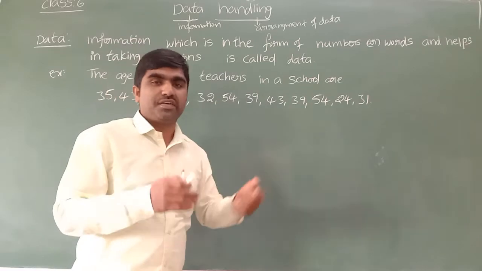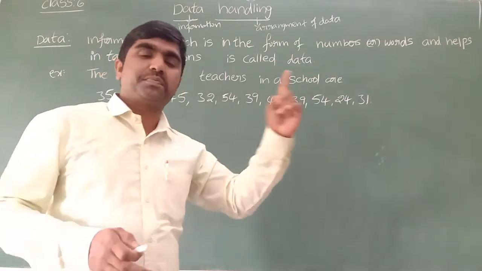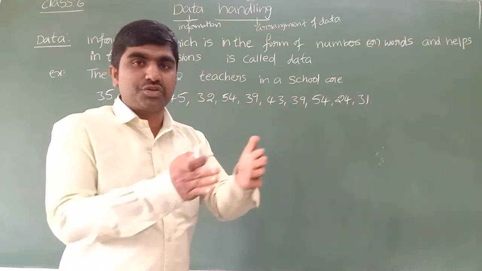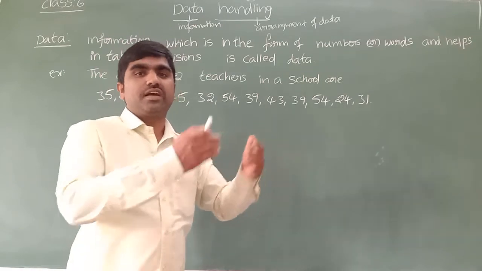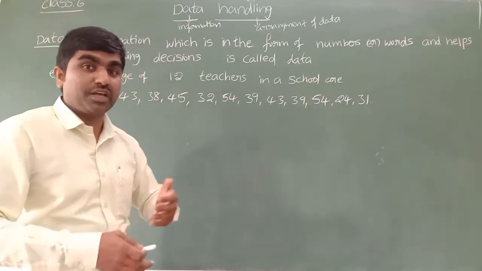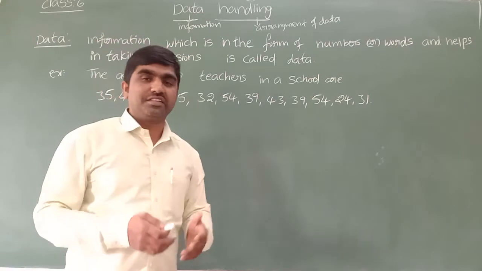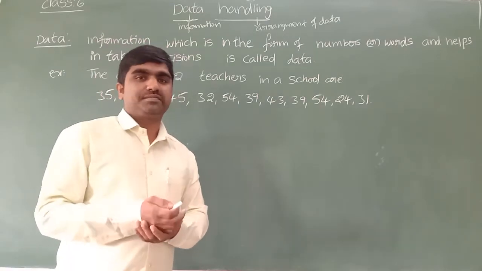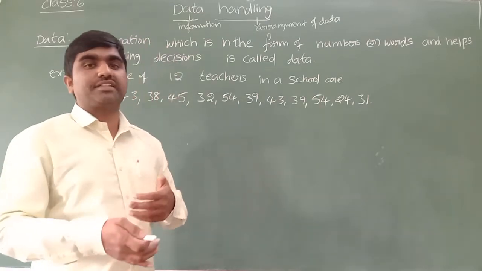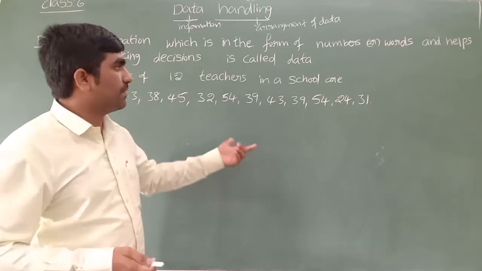So this type of decision the principal will take, for which age group, which type of work to allot. So here also the information helps us take decisions. Hope it is clear.